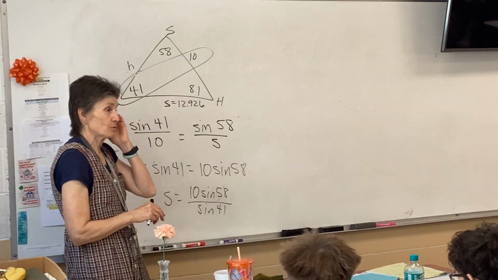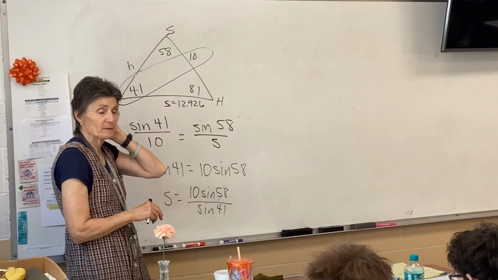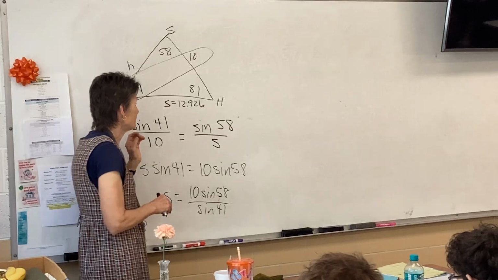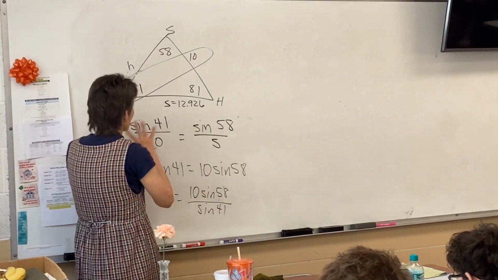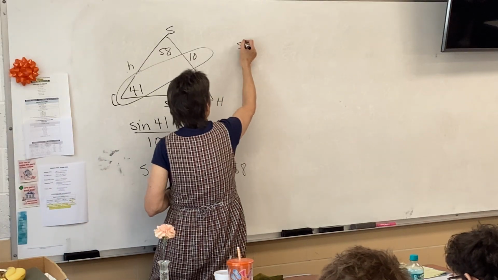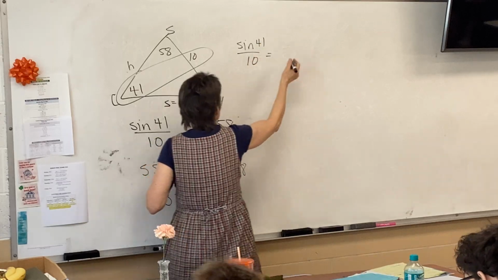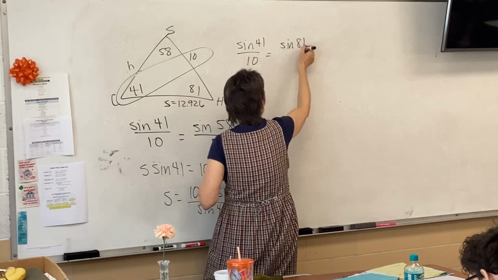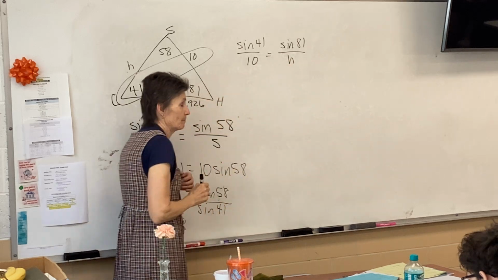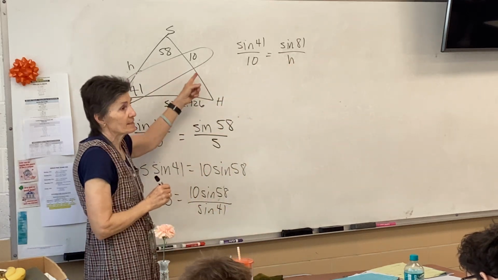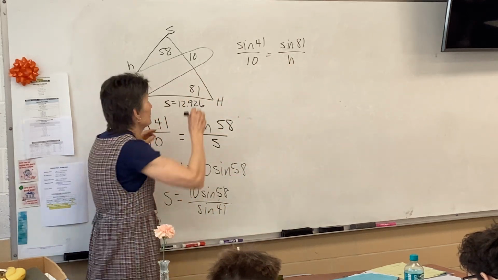Now in a right triangle, once we have two sides, we can do the Pythagorean theorem, but we can't do that here, not a right triangle. So we're gonna have to set it up again. So we'll say sine 41 over 10 equals sine 81 over H. Law of sines is super simple.